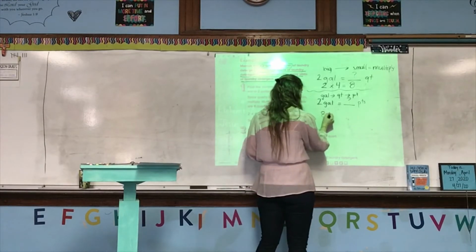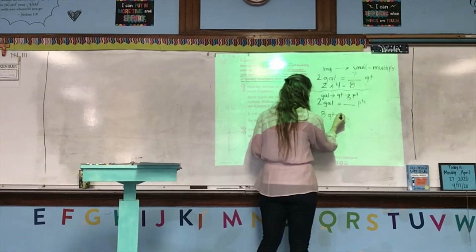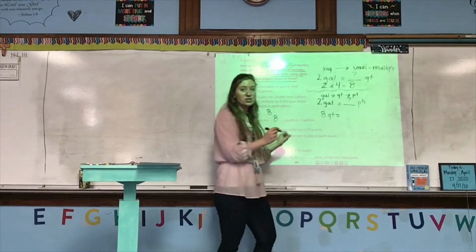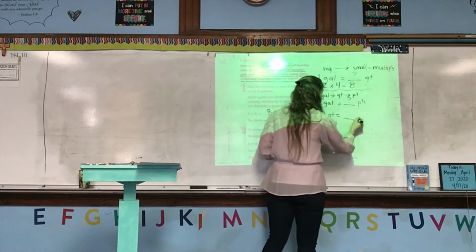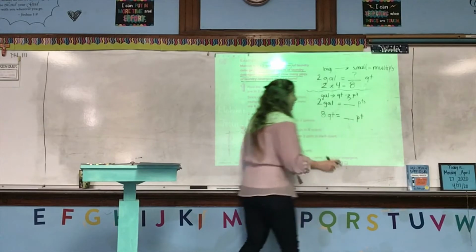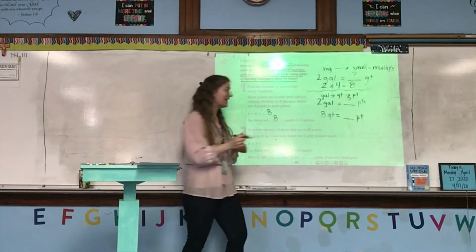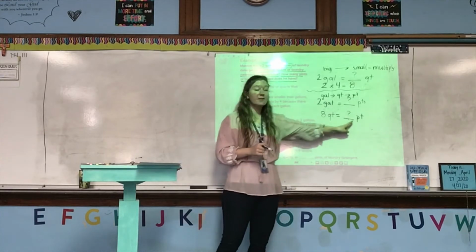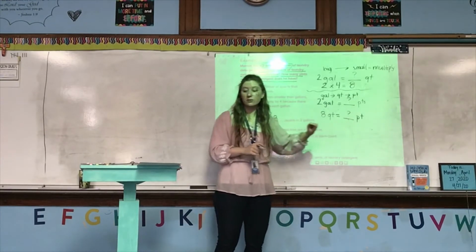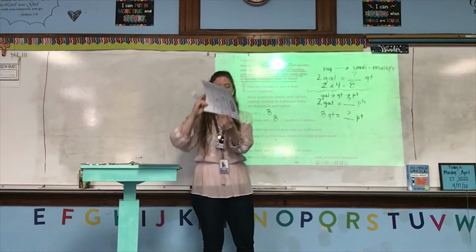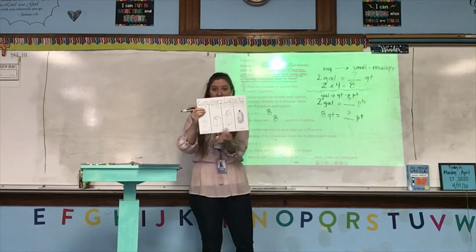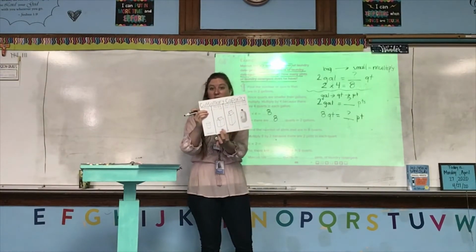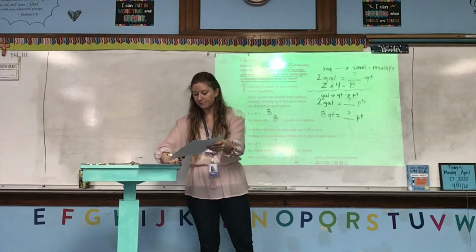So we know that 8 quarts, which is the same as 2 gallons, now we can figure out how many pints are in 8 quarts. So again, we know quarts are bigger than pints because they are to the right on our chart. We have quarts and we have pints. They are right next to each other, so now we can just solve that in one step.